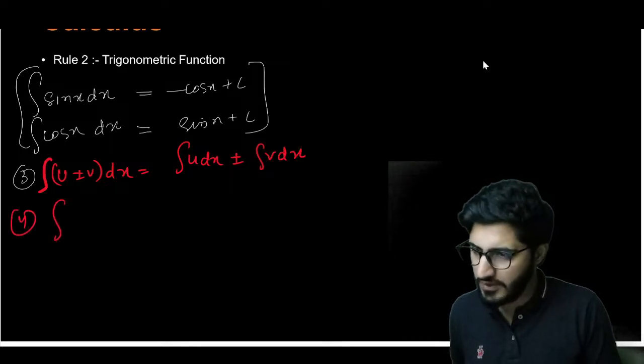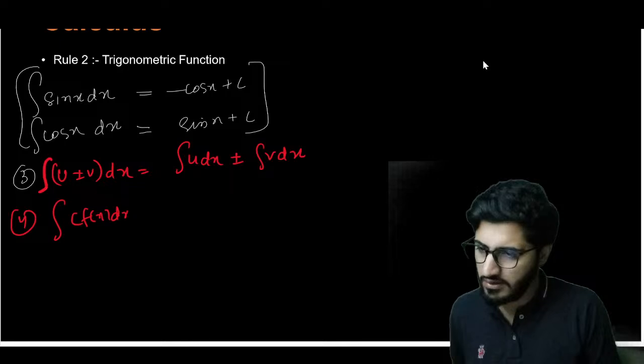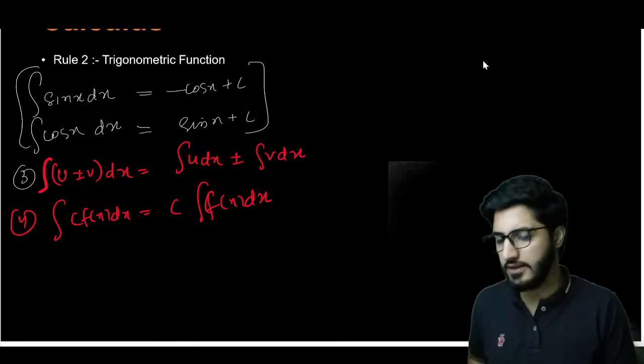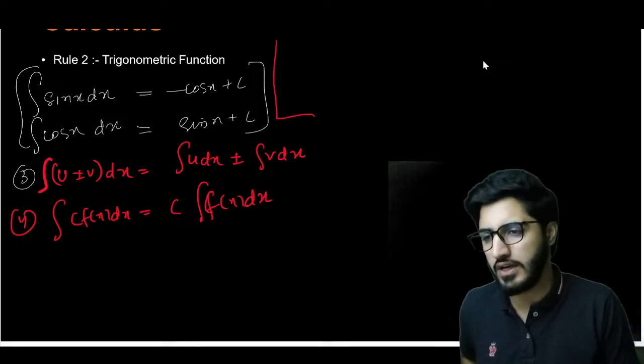The fourth rule: if we have a constant times f of x dx, take the constant outside and integrate the function that we have. Okay, let's take some numericals to make it clear.